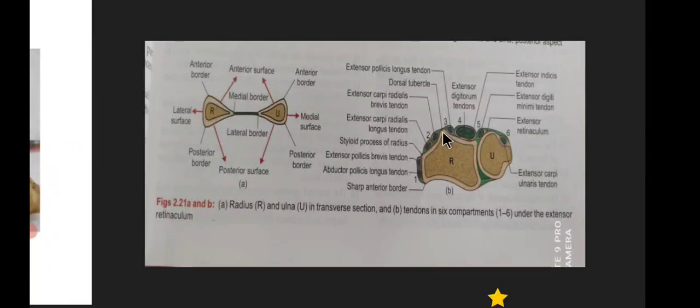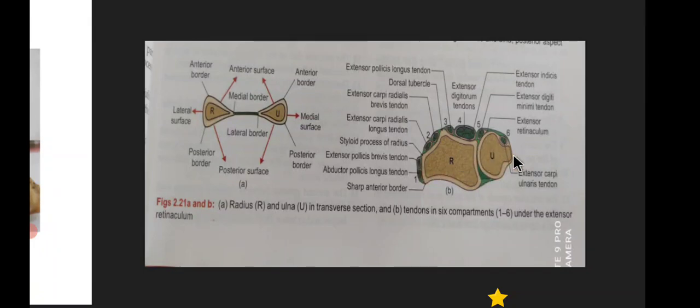On the medial side of this dorsal tubercle of Lister, there is the extensor pollicis longus tendon, and just medial to it, the extensor digitorum tendon along with the extensor indicis tendon. On the lateral surface, it is related with the abductor pollicis longus tendon and extensor pollicis brevis tendon.